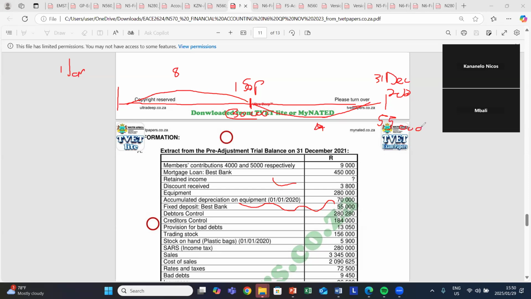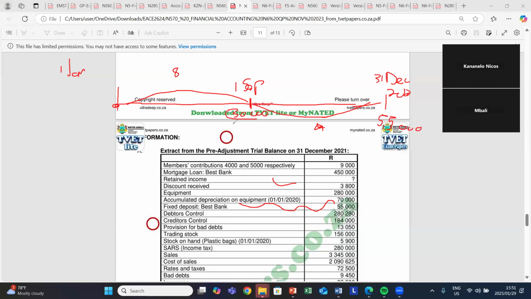Remember that for them to get the fixed deposit amount at the end of the year, they took the fixed deposit at the beginning, plus an additional contribution of 30,000 rand, and then they got 55,000.